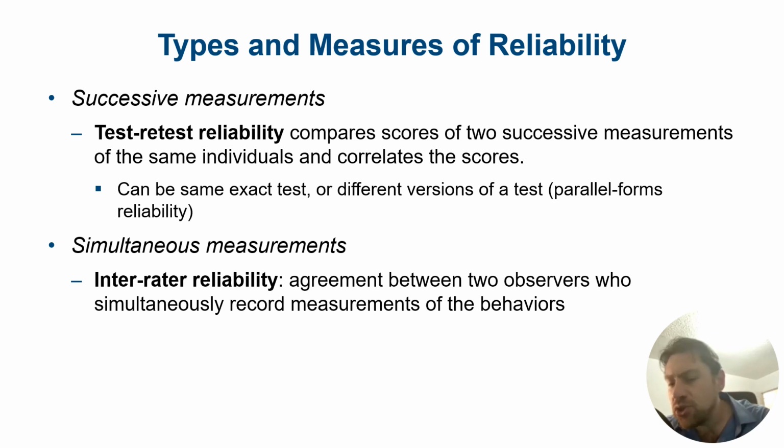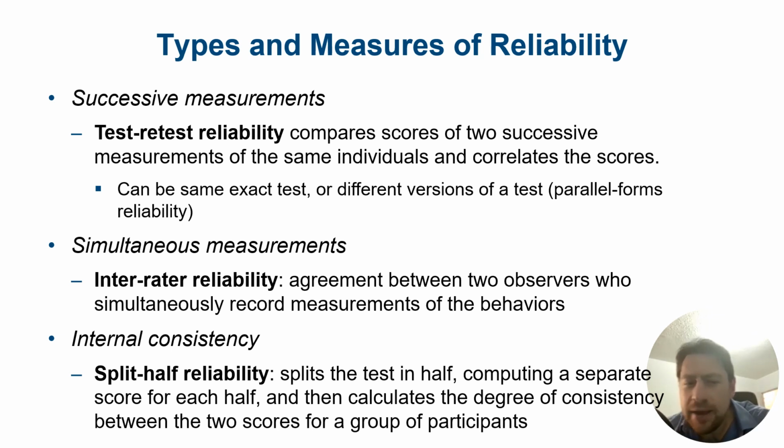In that situation, you have to operationalize bullying. What specifically are you looking for? And then you might have two different observers both watch the same tape and see if they agree in terms of what is bullying and what isn't. If you have agreement between two observers who record the same measurements or behaviors, that is called inter-rater reliability.